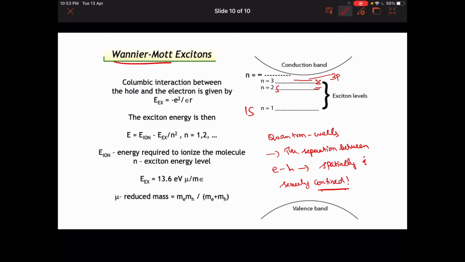And the severe confinement in the electron and hole positions increases its Coulomb interaction, and hence the excitons in a typical semiconductor material in a quantum well is a much stronger phenomenon than excitons in a bulk 3D crystal, right? So excitons in a quantum well is much more important than excitons in a bulk 3D material.